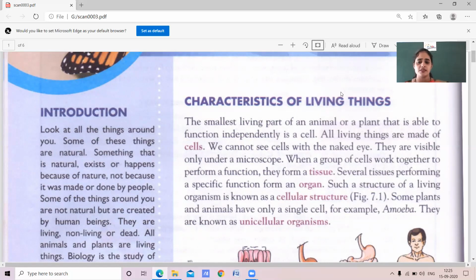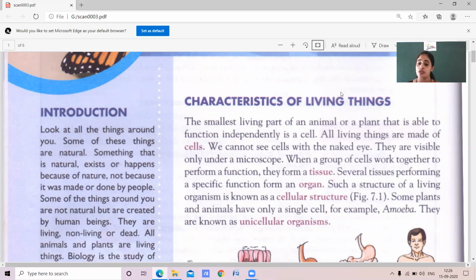What happens when a number of cells are formed? When a group of cells work together or perform a function, they form tissues. Yes, a group of cells, we call it a tissue.